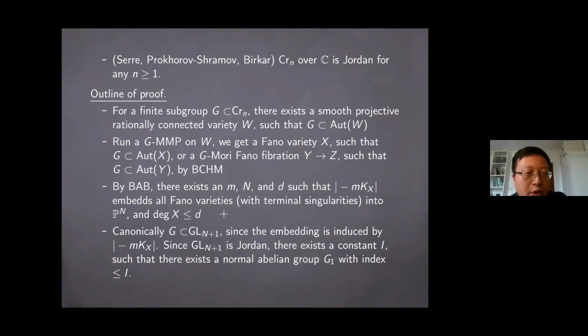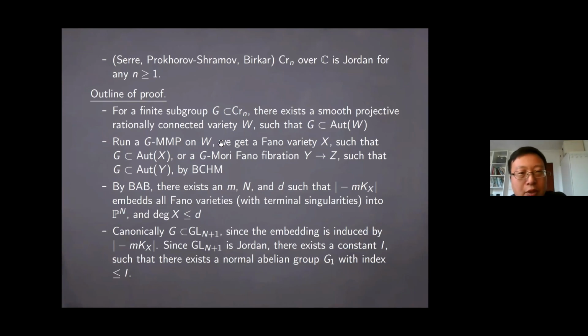You can use the adjoint representation to embed PGL_N into some very large general linear group, like GL of N squared, and show that it also has the Jordan property. So in this case we can show this G already has the Jordan property.